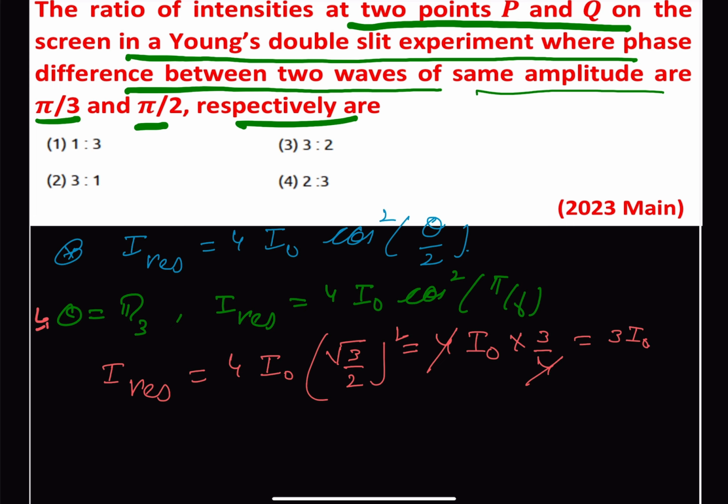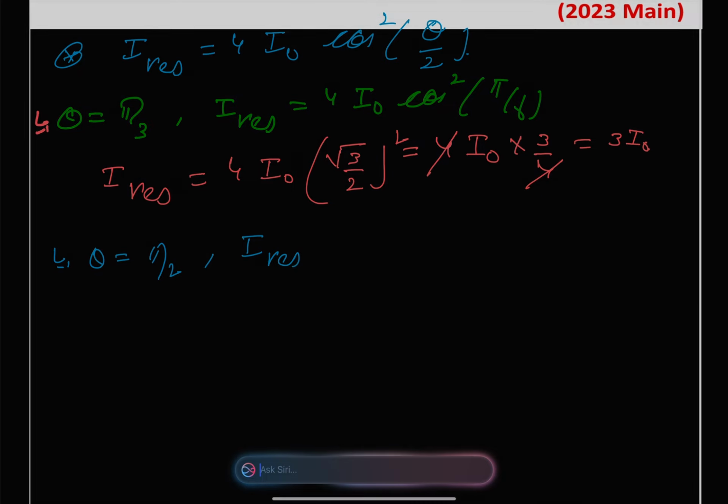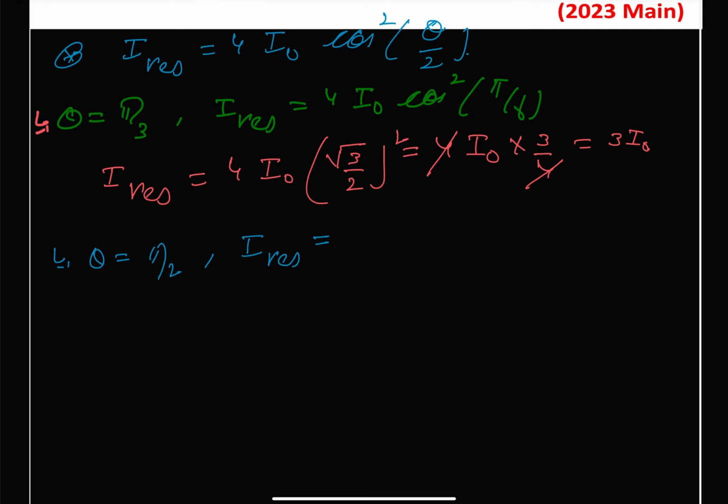Second angle that is given to us is pi by 2. So for theta is equal to pi by 2, we can write this I resultant is equal to 4 I naught cos square pi by 4. Cos pi by 4 is 1 by root 2. So this becomes 4 I naught and 1 by root 2 whole square.